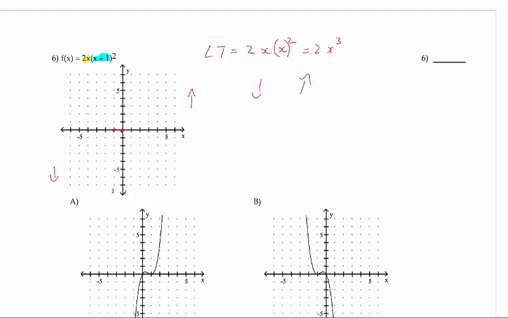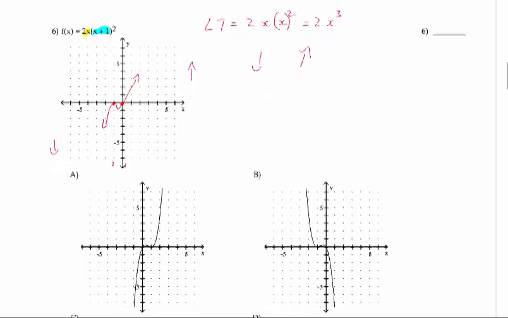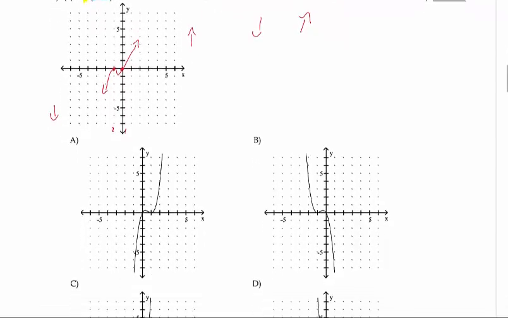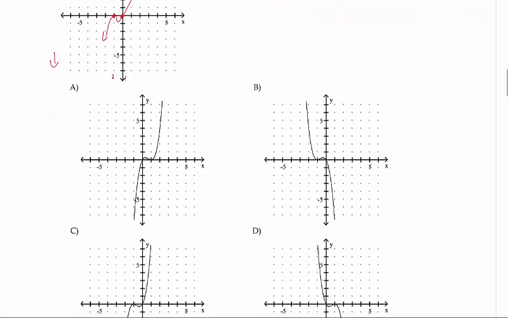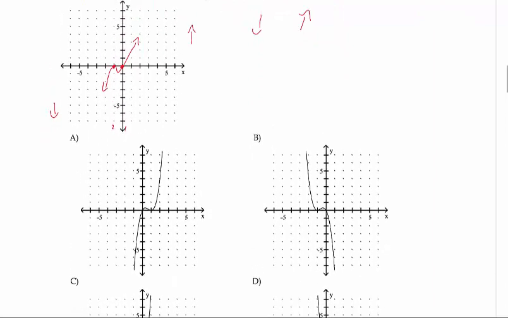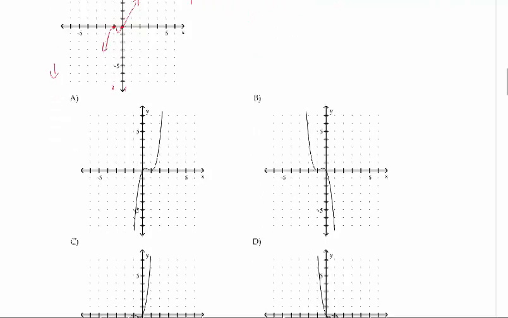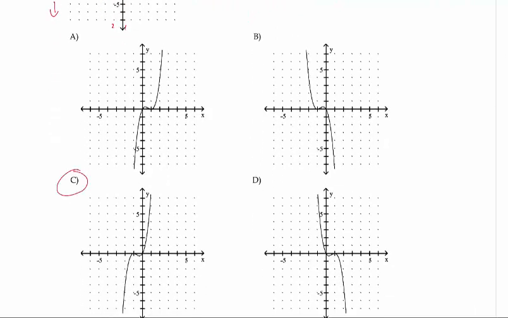And so just a quick sketch will reveal that our guy is going to come through like this, come down, and shoot straight through. So now all we have to do is pick the choice that resembles that sketch the closest. And it looks like that is going to be C right here. Because as you can see, parabolically shoots straight through and has the same end behavior.